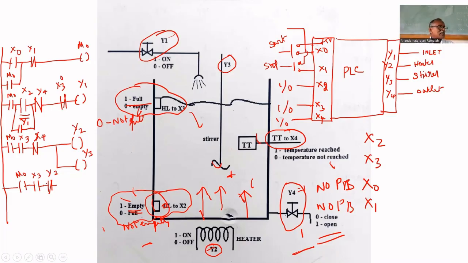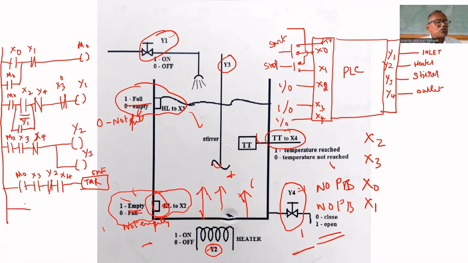In practice, before 5 minutes, the temperature will fall, so the value will change, you know. In practice, it will not work out. Anyhow, if you want, you can include X4 also. Then we have to put the timer. So let us assume the temperature is at the set point. Now we can put the timer, a 5 minutes delay timer.